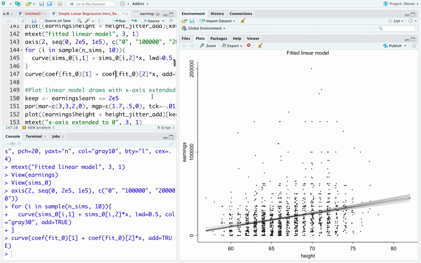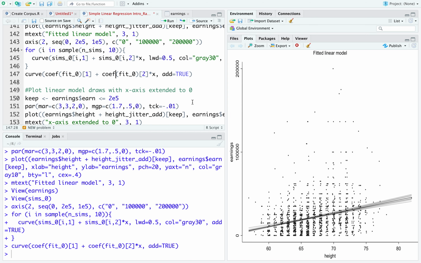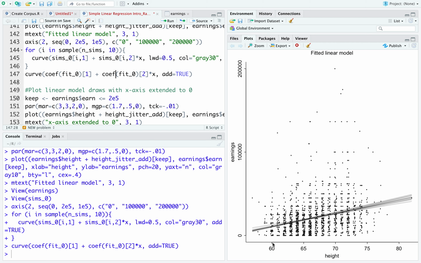So I want to show you one other thing. Notice that because the data, not surprisingly, include heights that are falling in mostly a band from, I don't know, somewhere around 57 inches to 78 inches, and especially a lot of data down near 63 through 67, we don't have the intercept.